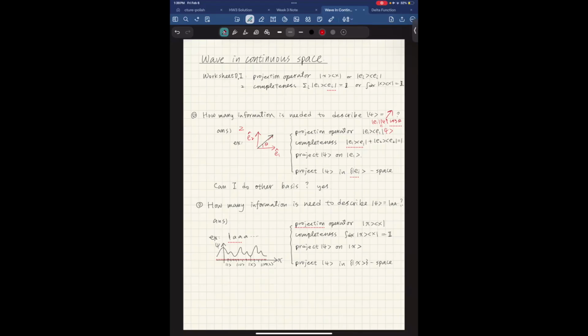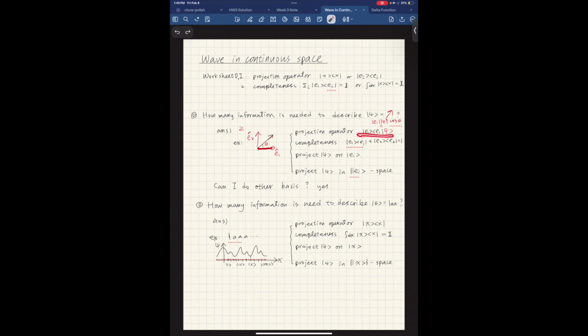So phi times cosine theta will give you exactly the projection, the strength, the amplitude along E1. Okay, so that's why this is called the projection operator, because if you apply this to any wave, you essentially find out how much of this wave is projected along that direction.